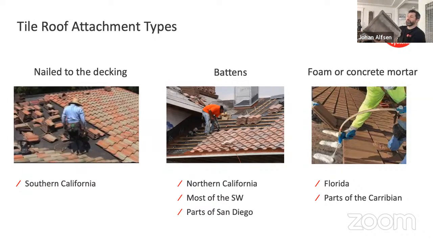And then on the back, you have what's called a lug. So there's a lug on the top that hooks onto the batten there, and then these lugs on the bottom are what allow them to nestle into each other and kind of close the gap. Sometimes they grind those down to have a tile hook come out, and I'll show some pictures of that later, or they replace it completely.